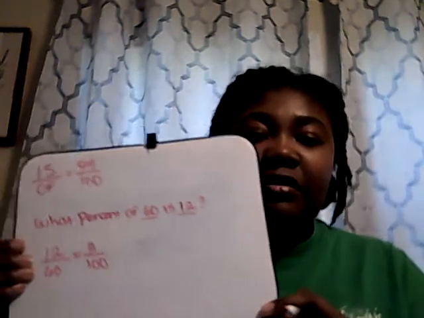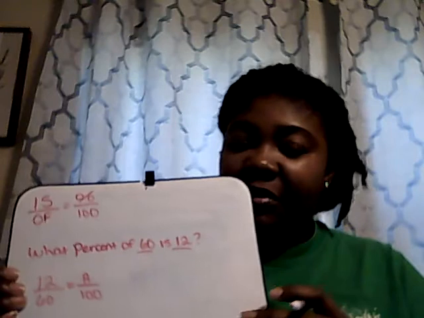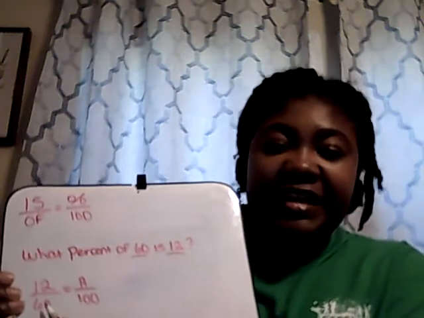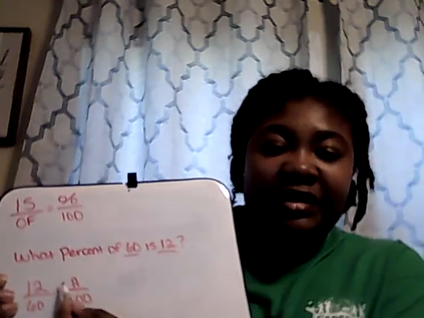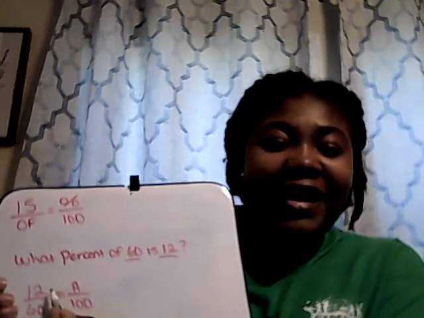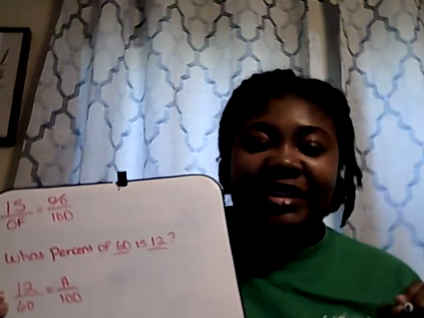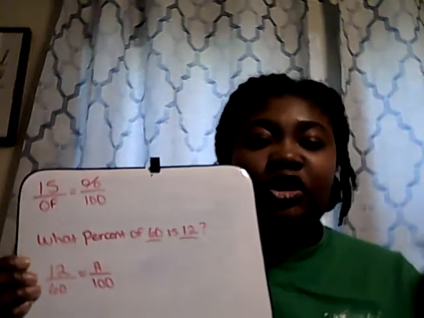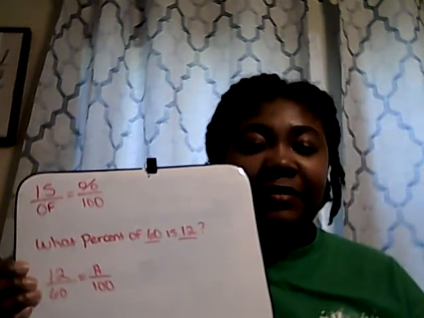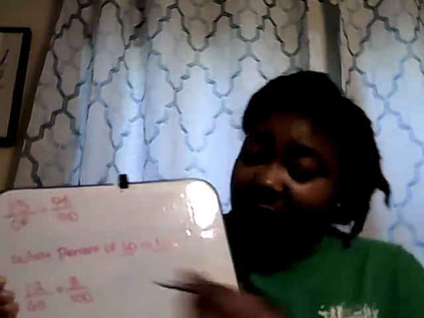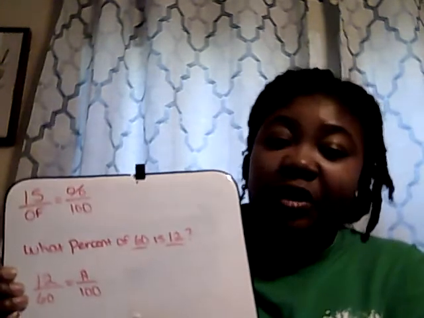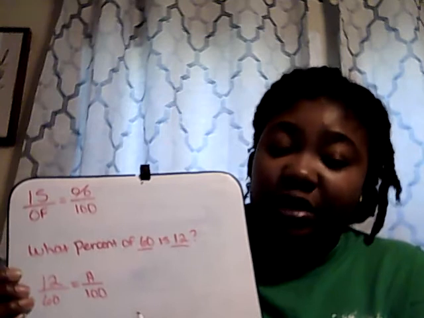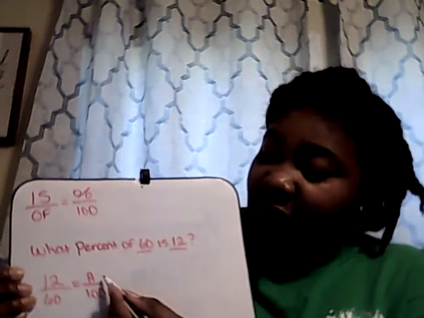So of is 60, so I put 60 down at the bottom. Is is 12, so I placed it right here. And I'm looking for the percent, so instead of putting just the percent sign right here, I put a variable, because we're going to cross multiply like we did last week. Once you fill all the information in and you know what you're looking for, you plug in a variable.